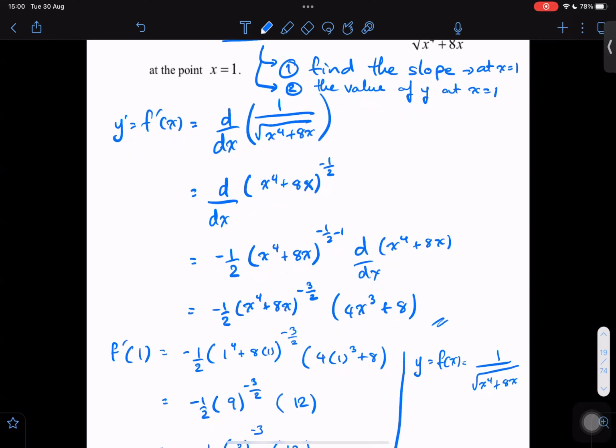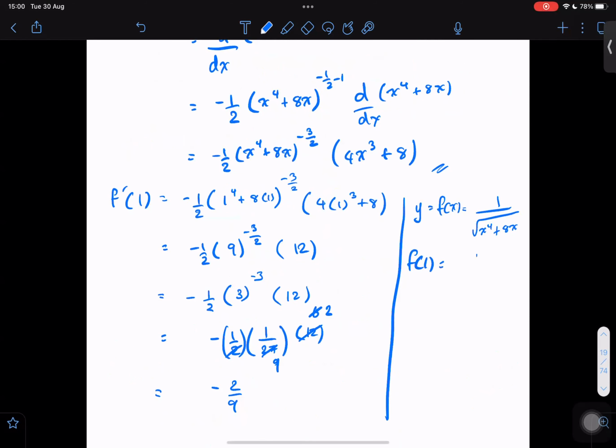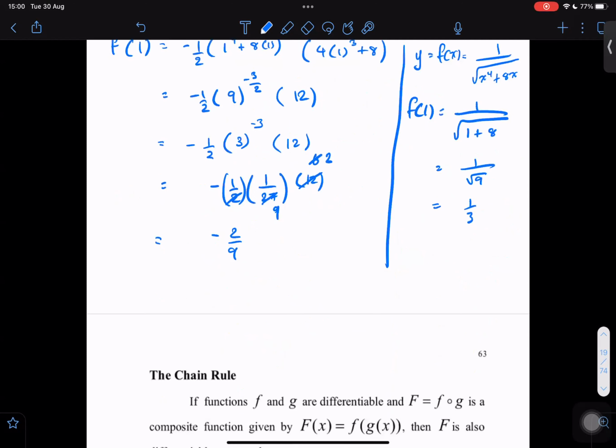So f of 1 is equal to 1 over square root of 1 plus 8, which is 1 over square root of 9, which is 1/3. So you get the value of f at x equal to 1 and the value of the derivative of f at x equal to 1 already.